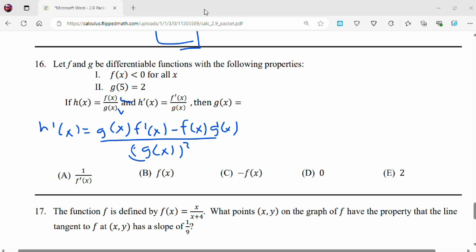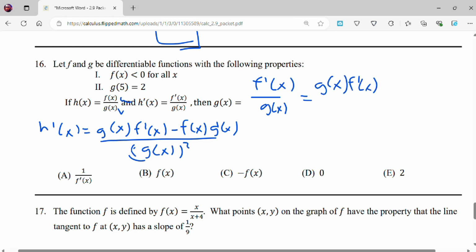Given that h prime of x equals f prime x over g of x, we have to set these equal to each other. So f prime of x over g of x is equal to g of x f prime x minus f of x g prime x over g of x squared.